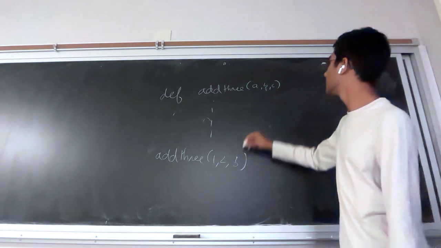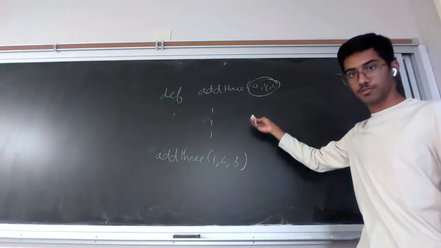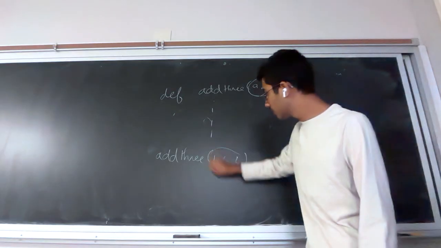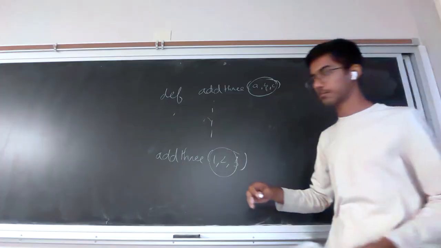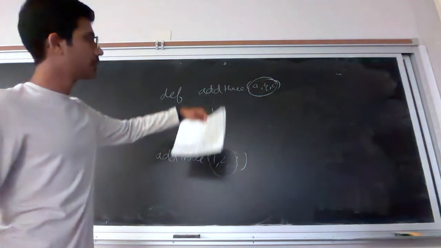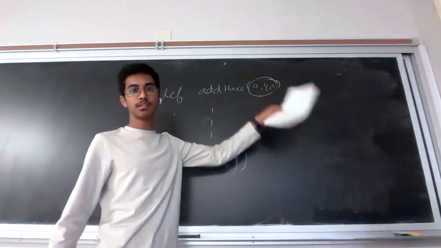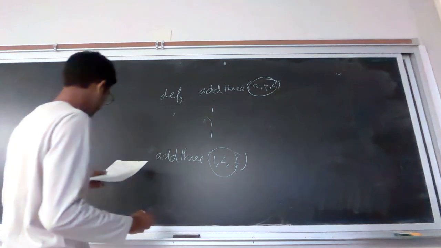So parameters are essentially the values being received, whereas arguments are the values being sent. Right? So 1, 2, and 3 are the values being sent to a, b, c, which are receiving them, which are the parameters.